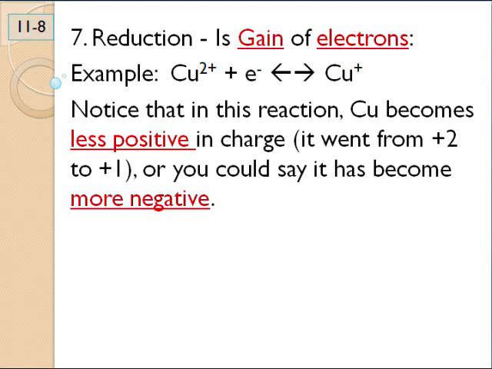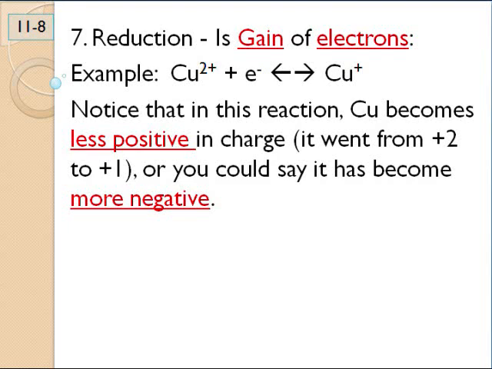Let me back it up, I went the wrong way. Let's go with sodium, because sodium is going to be reduced. Sodium is +1, right? If you give sodium an electron, does it become +2 or plus nothing?